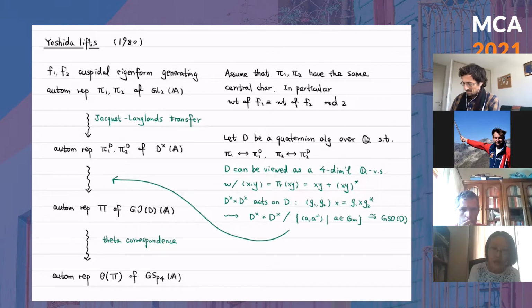Then the two copies of D cross act on D by this, and this action preserves the quadratic form.